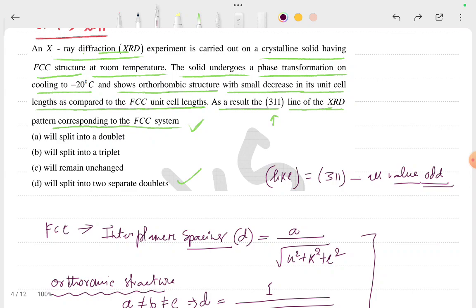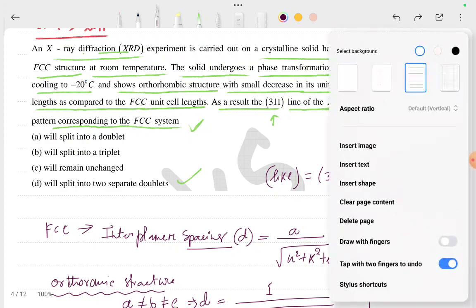Please go through all the lectures in sequential manner. Then you can come here and try to understand how to solve every problem.